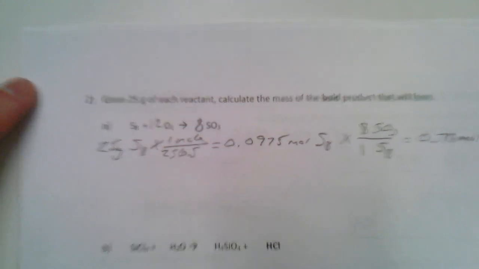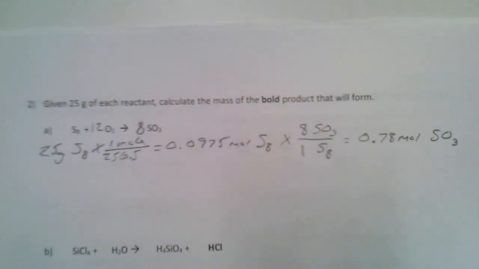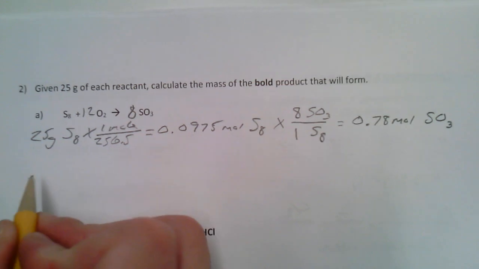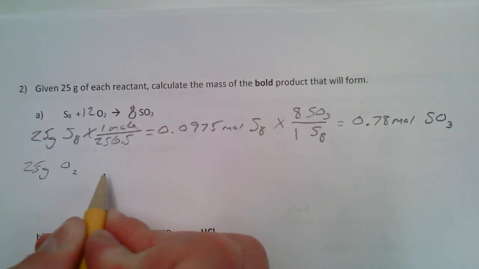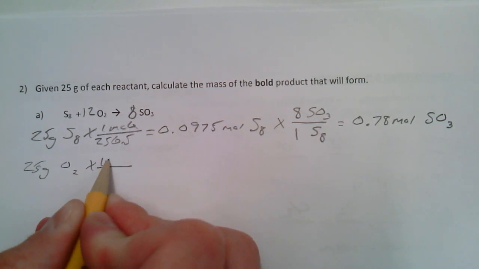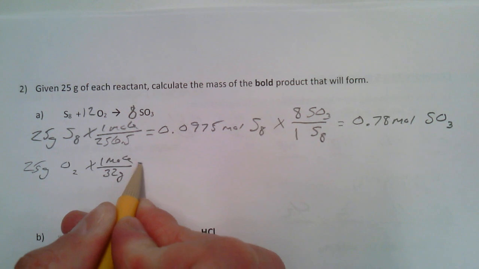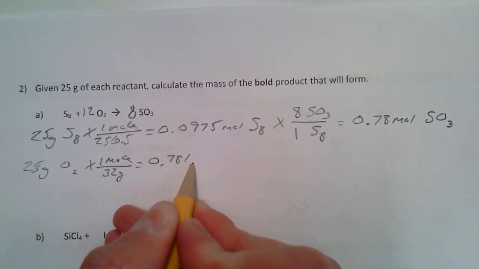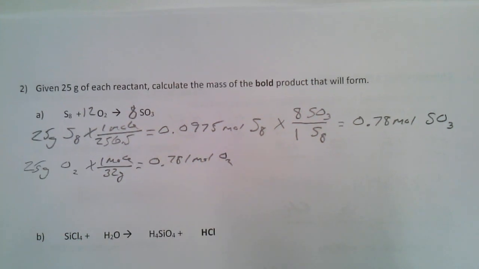Alright, now we're going to do the exact same thing with the O2. 25 grams of the O2 times in the line. Again, periodic table, O2 is 32. So you do that and you get 0.781 moles of the O2.